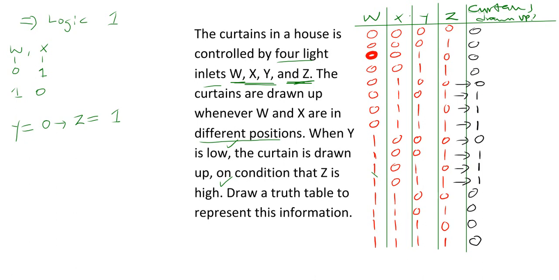So at these particular points is when the curtains will be drawn up with the respective conditions of the light inlets. So you have to consider very well what has been restricted or what the question says.